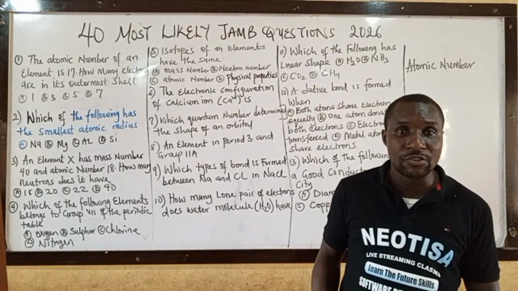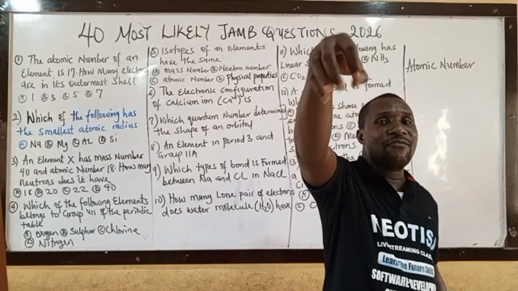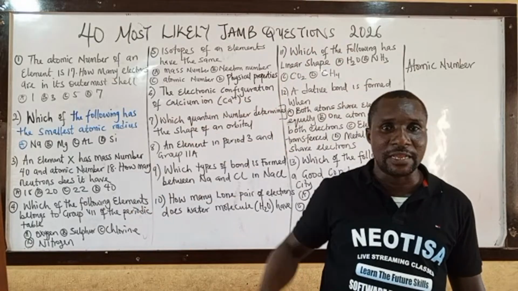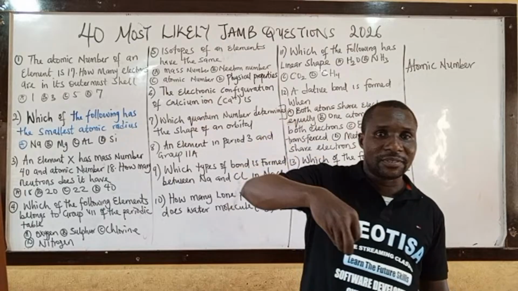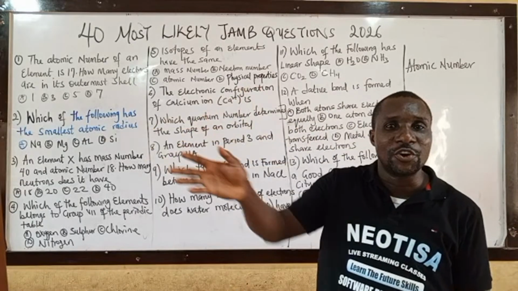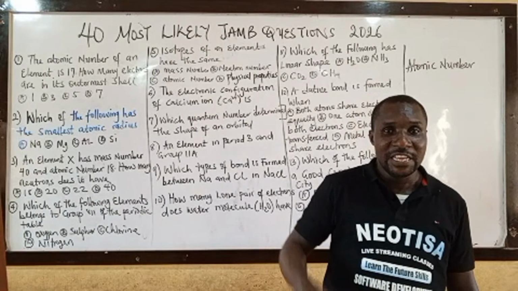Atomic number of an atom is the same thing as proton number. An atom is a neutral substance. Take note of that point, write it down also.